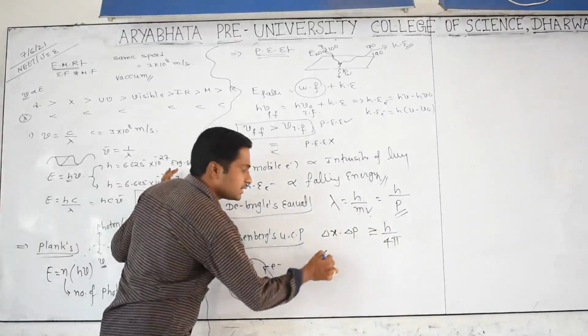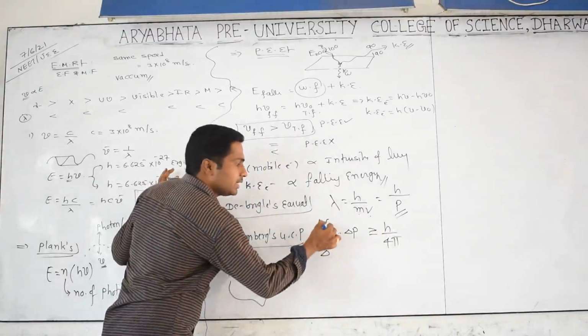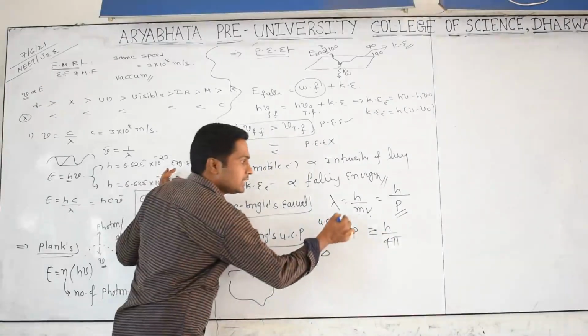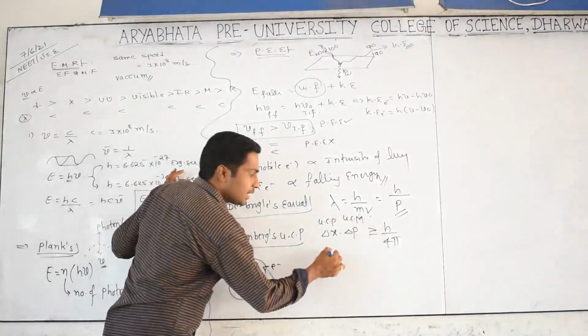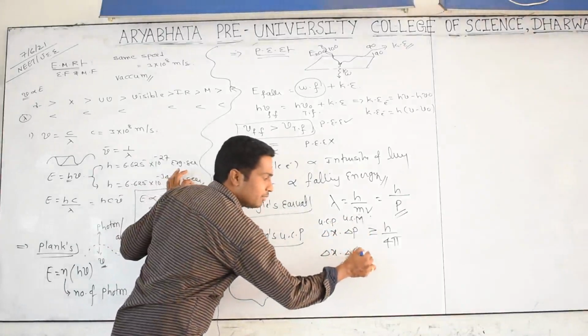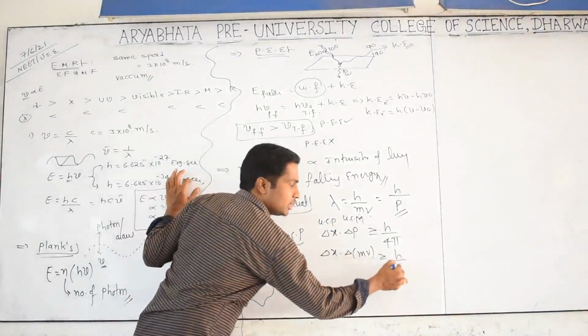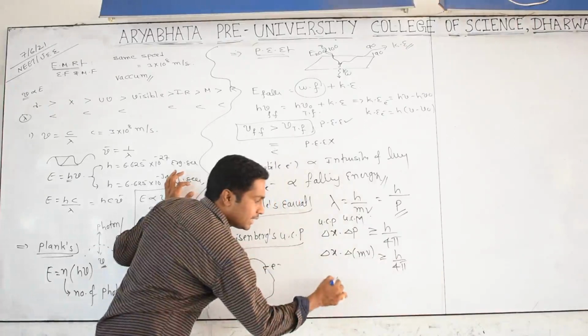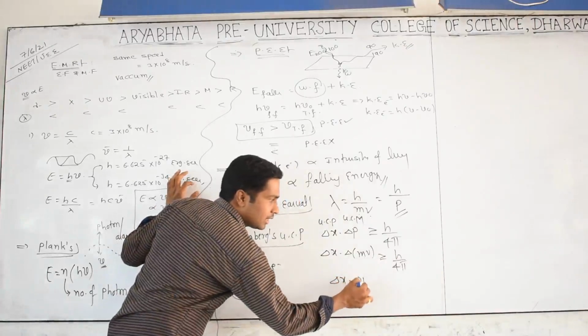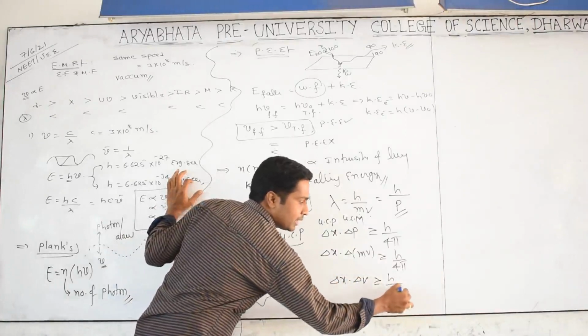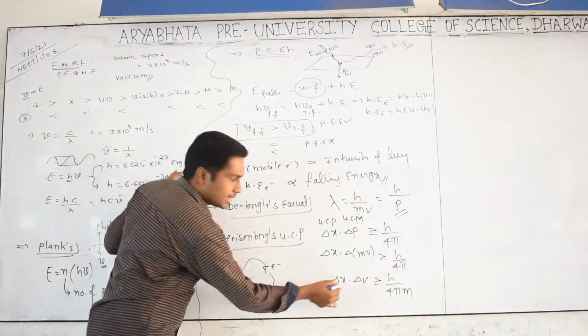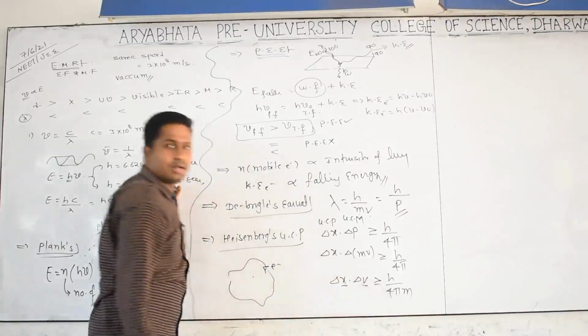Here delta x is the uncertainty in position and delta p is the uncertainty in momentum. So delta x dot delta of mv is greater than or equal to h by 4 pi, then delta x dot delta v is greater than or equal to h by 4 pi m, the uncertainty in position and the uncertainty in velocity.